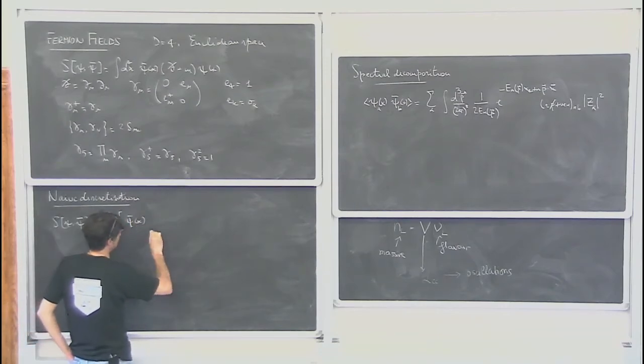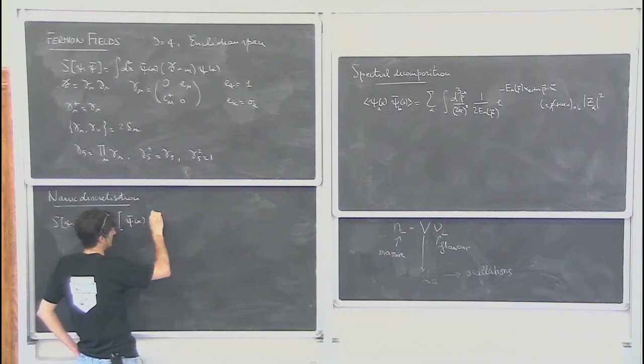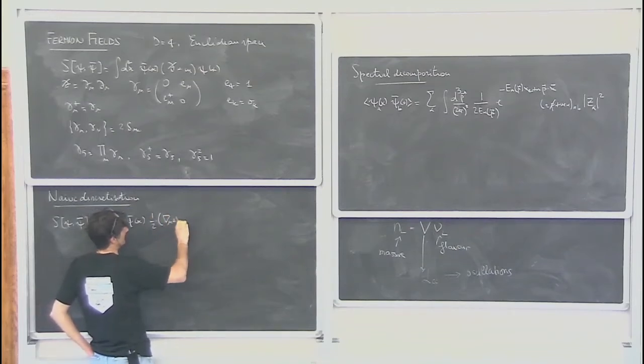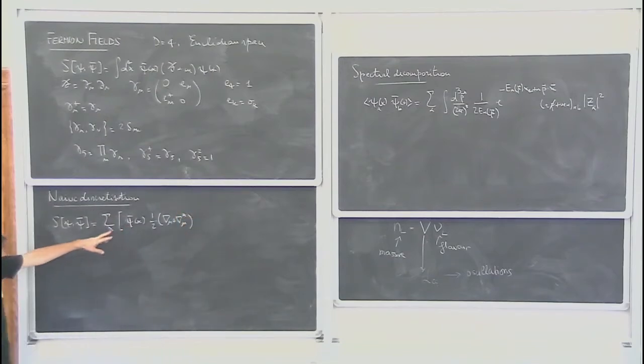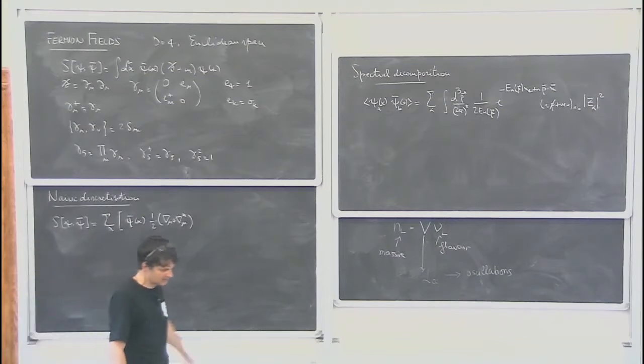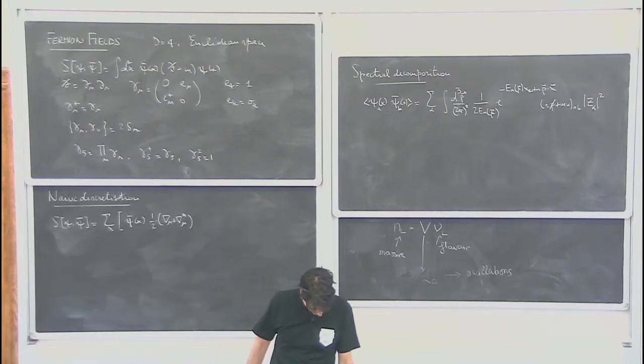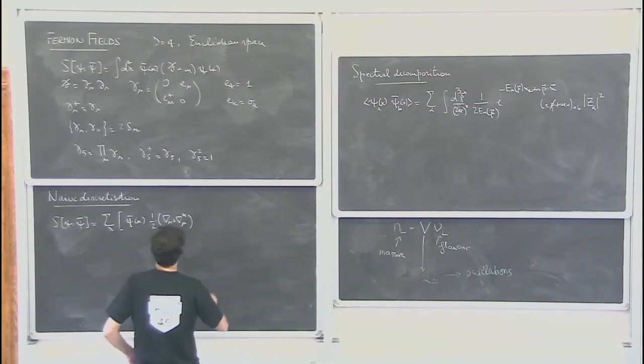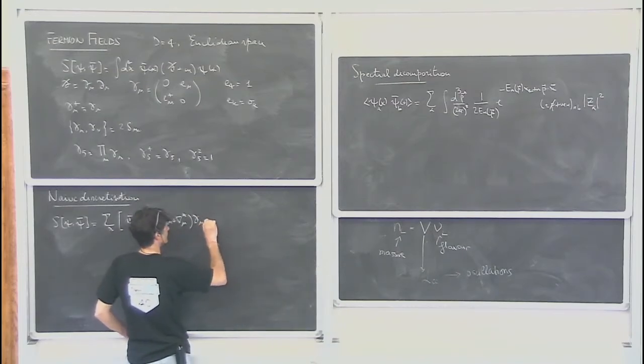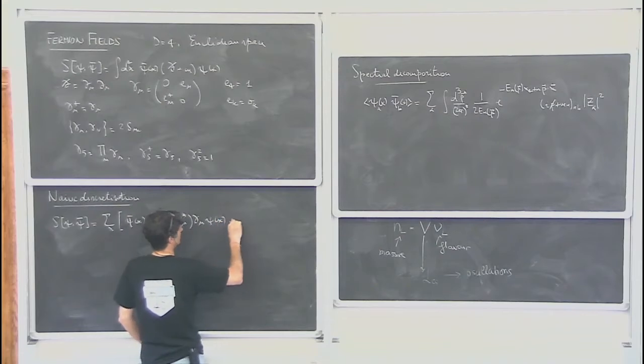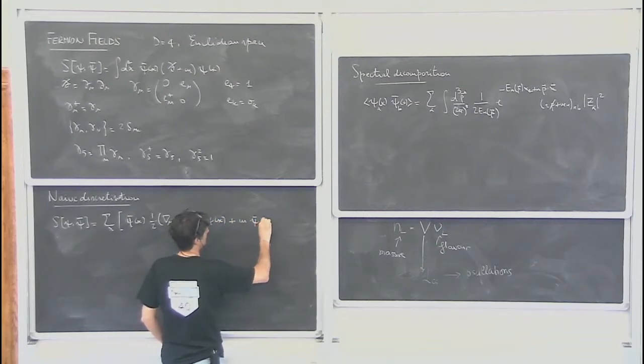psi bar of x. And then I will discretize the derivative as 1/2 of the sum of the forward and the backward derivative, and then gamma mu, psi of x, plus m psi bar psi.